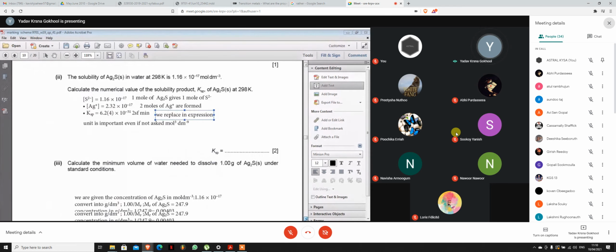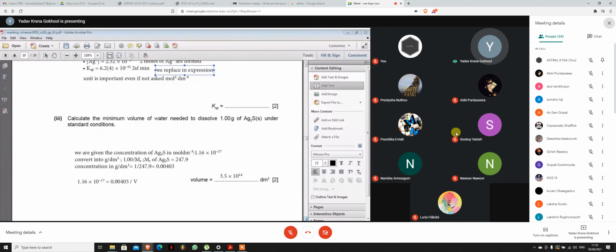Okay, how it works. Calculate the minimum volume of water needed to dissolve 1 gram of Ag2S under standard conditions. Okay, clear? And here we are given the dm cube. So here, in fact, when I look at this, it is concentration in gram per dm cube. It is the 1.00, and the dm cube tells me that I have the concentration in gram per dm cube.